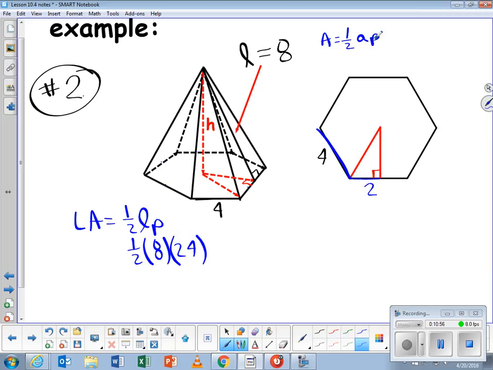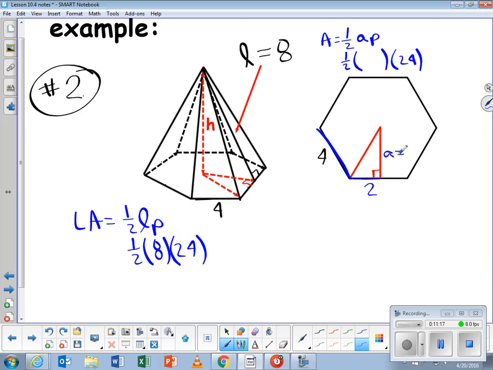What does A stand for? Apothem. And P is the perimeter of the hexagon, right? Which we already found to be 24, correct? So all we need to do is find the apothem, which is this right here.